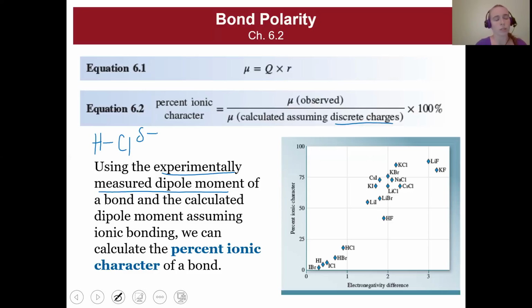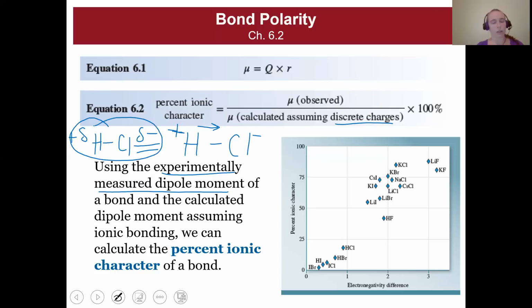So if we assume discrete charges instead of a partial negative and partial positive like we know exists in this bond, if instead we assume a full positive, a discrete positive charge and negative charge, so if we assume ionic bonding where the electron is transferred from hydrogen to chlorine, making a cation and an anion instead of partial charges and sharing of the electron.